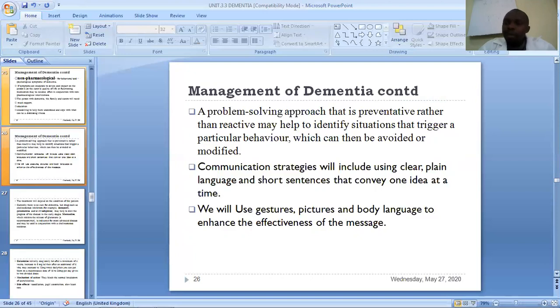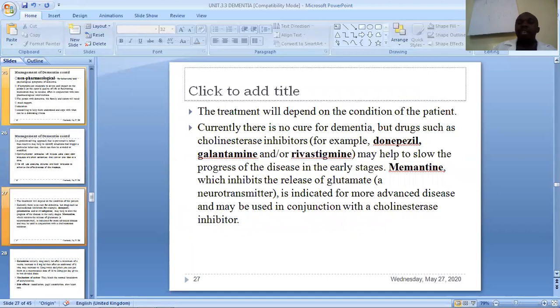And they should be able to use appropriate short sentences, but they must be able to convey the message in that short sentence to avoid this patient with dementia getting suspicious. We will use gestures, pictures, and body language to enhance the effectiveness of the message. That will help in being clear in the kind of communication that is being done.